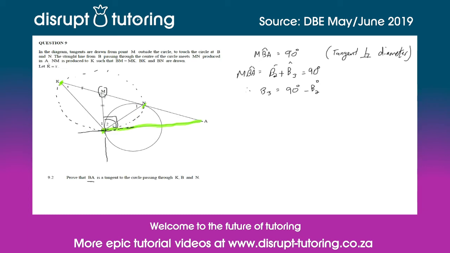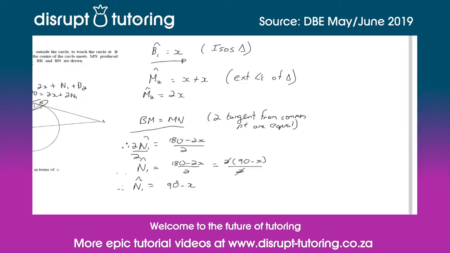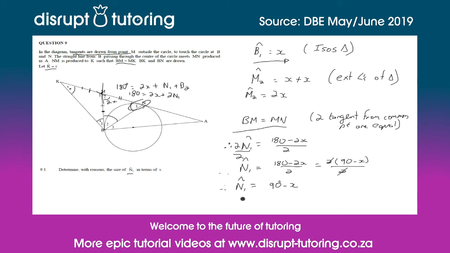But remember B2 from the previous question. We said that N1 equals 90 minus X, but B2 also equals N1. So N1 equals B2 because of the isosceles triangle rule.